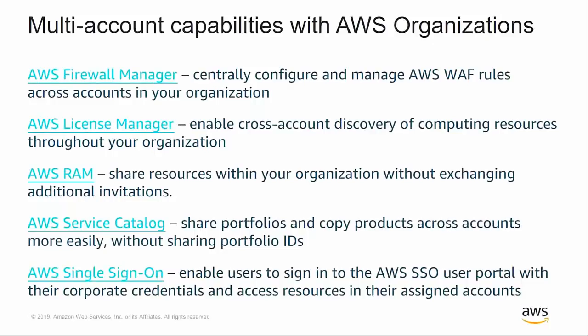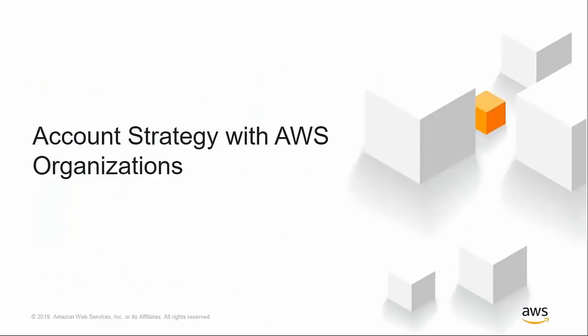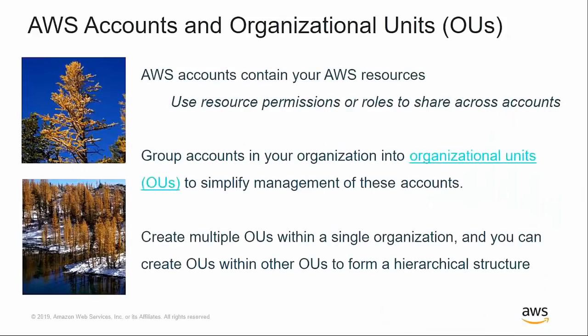So speaking of multiple accounts, what is a good multi-account strategy? And we thought a lot about this, and one thing we need to start with is what is an account, right? An account contains your AWS resources. These are your buckets, your config rules, your batch, your lambdas, your EC2 instances, basically anything with an ARN.